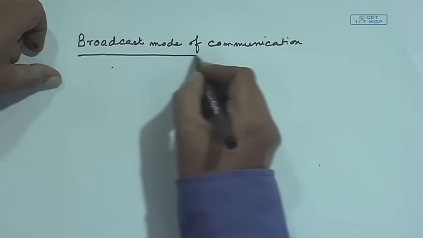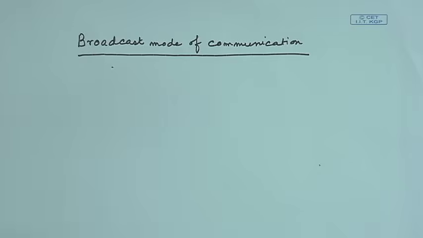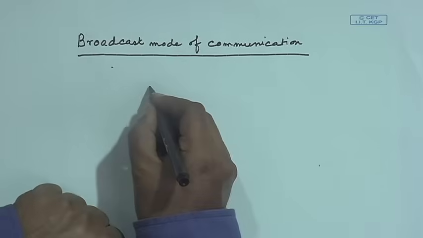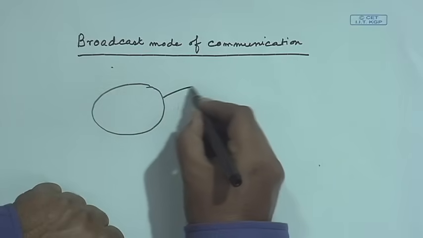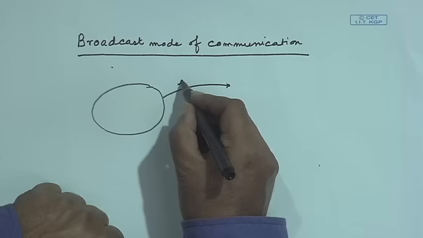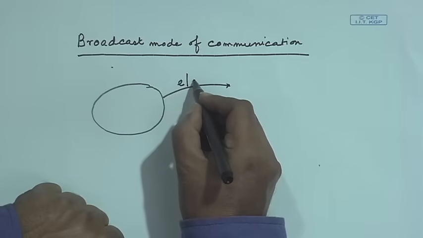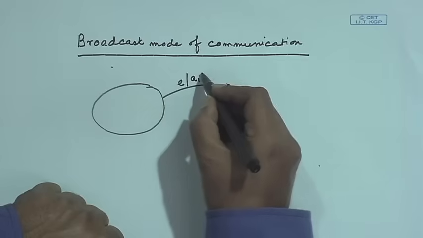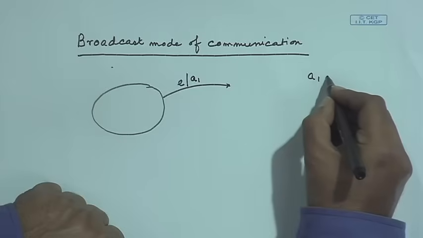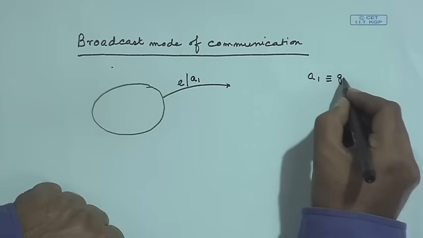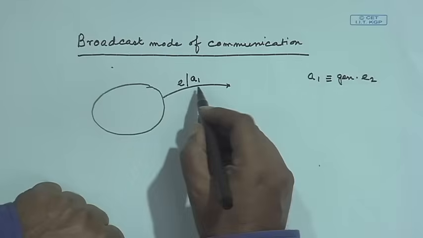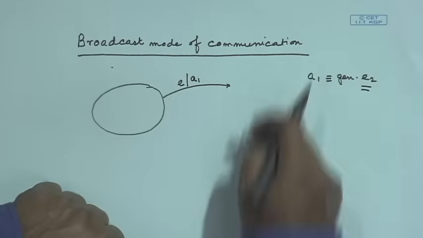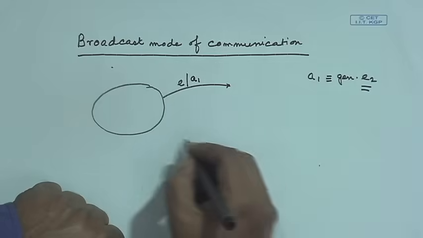In terms of implementation, what does it mean? It means that if I am in some state and I generate some event, and I take some action, and this action A1 is actually to generate event E2, then this event E2 is visible to all other states.